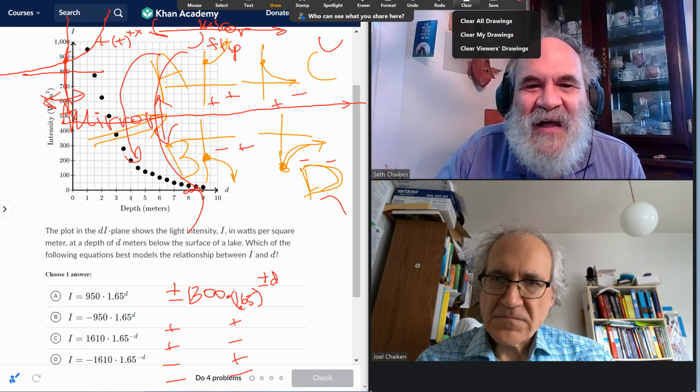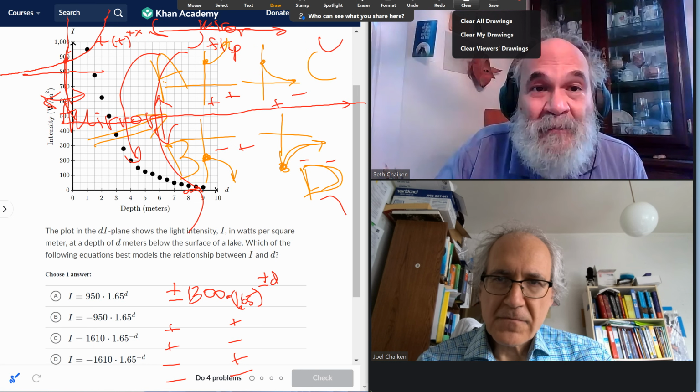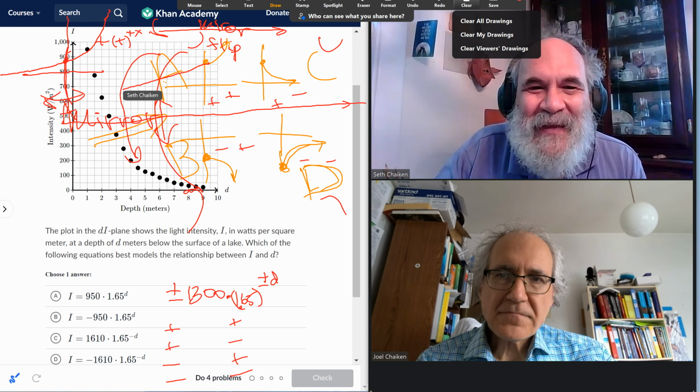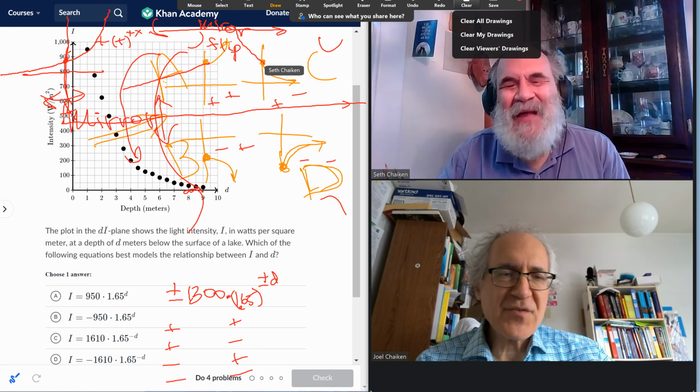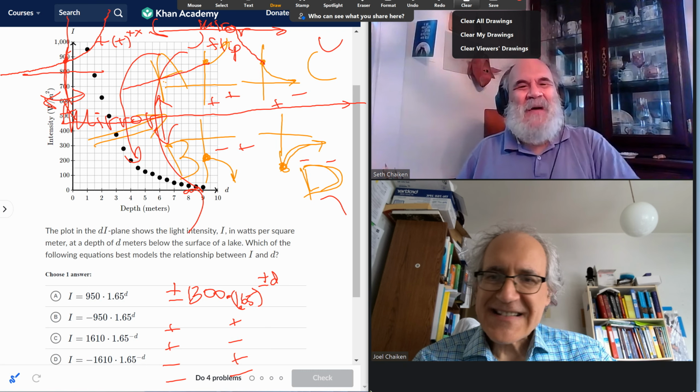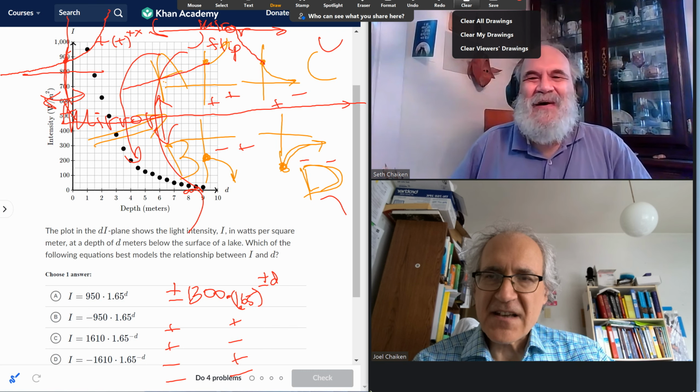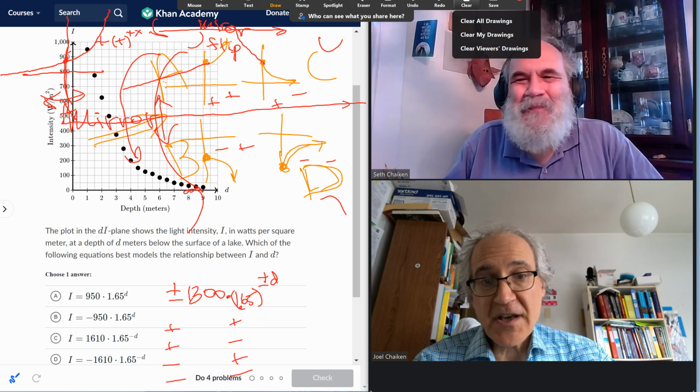That's because what Joel did not draw is the negative side. That does bring in that idea of transformations of functions, which is important. It's not clear whether the SAT does that stuff, transformations of functions. It's possible. We'll find out.